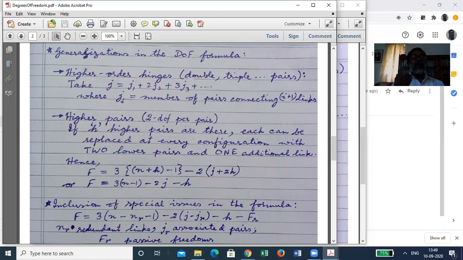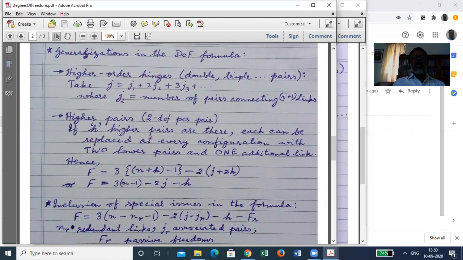Now, if there is a higher pair, which actually is a two-degree of freedom pair, there we know that every higher pair in planar mechanisms can be replaced with two lower pairs and one link in between. Put those things in the formula.